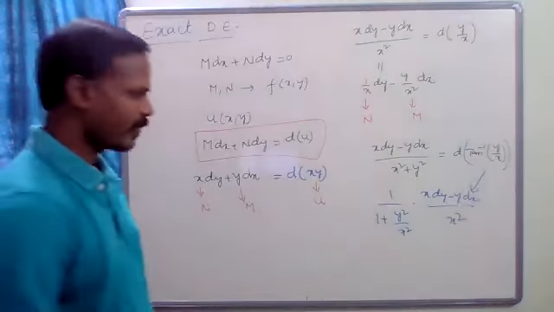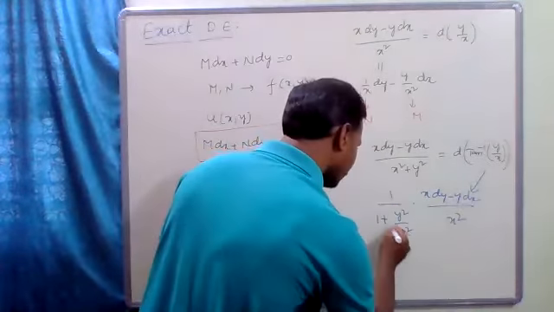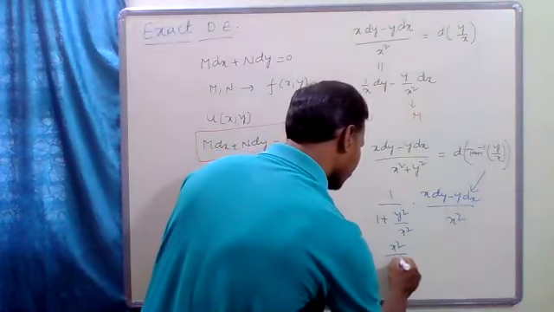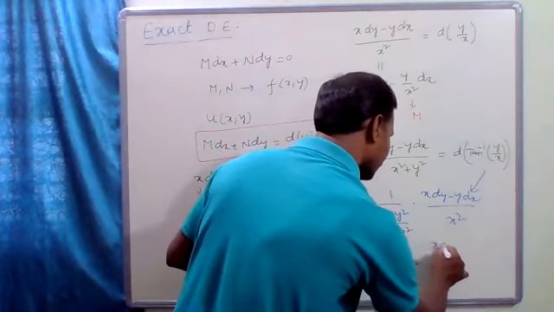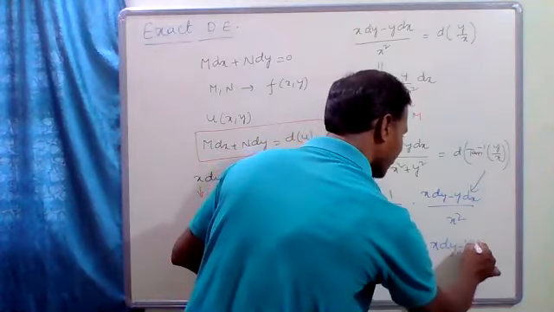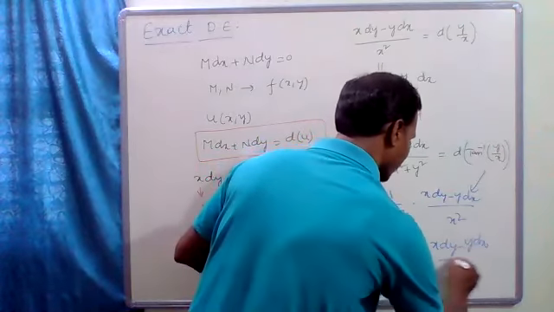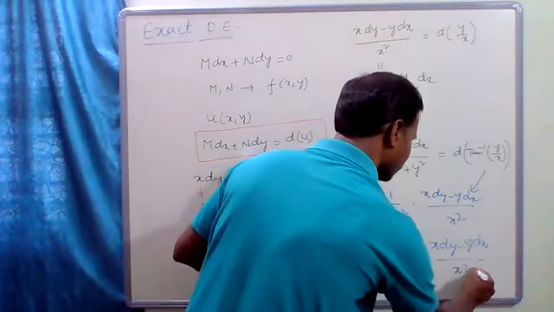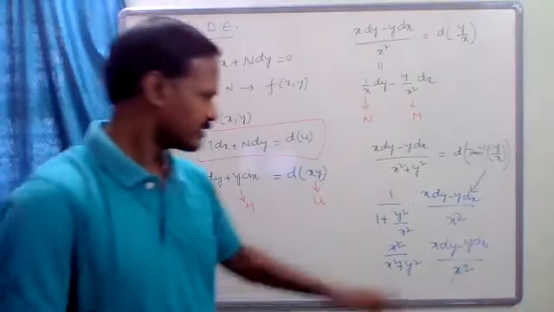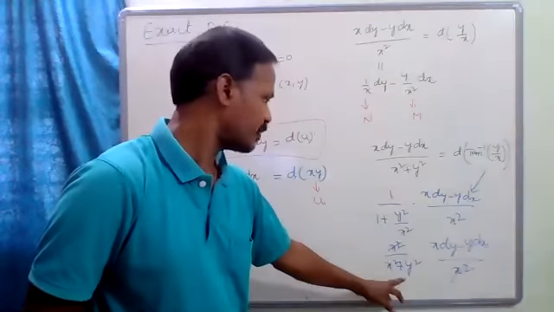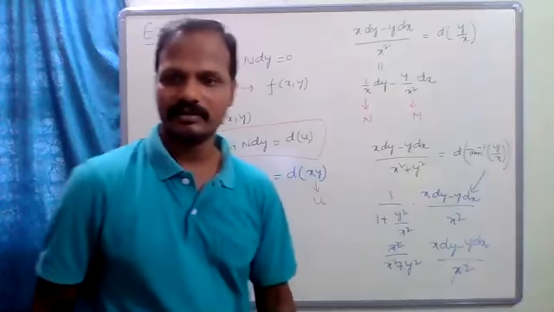If you simplify this, what you will get? x square by x square plus y square into x dy minus y dx by x square. So x square will be cancelled, giving x dy minus y dx by x square plus y square. Is it clear? Okay.